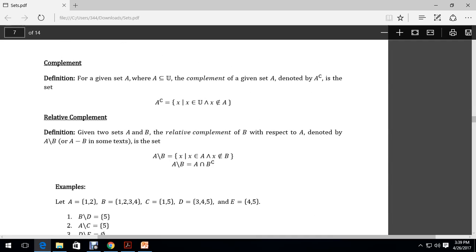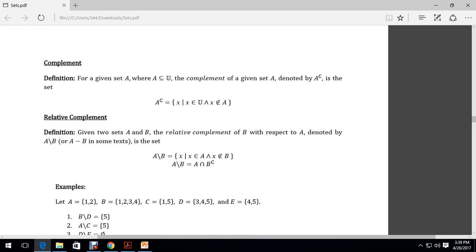Okay, so let's now proceed with the third set operation. We have the complement.